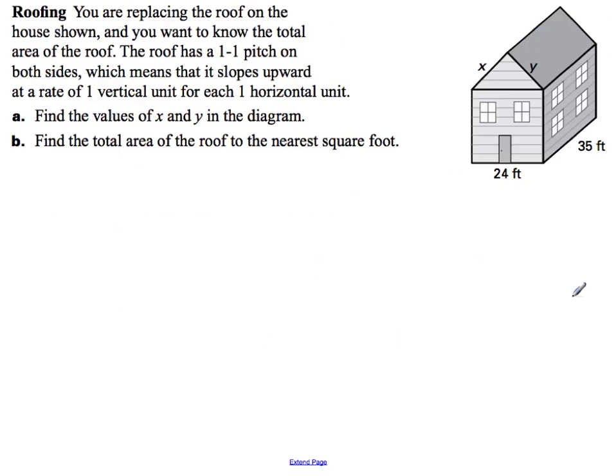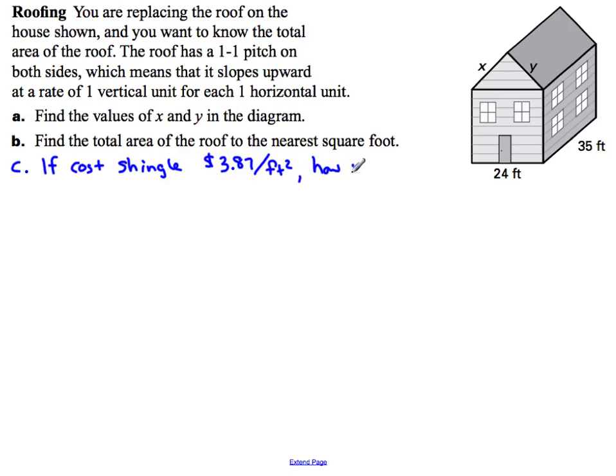We have a roofing problem, kind of an interesting deal. I want to add a little extra piece to this. I'm going to say part C. Suppose the specific type of shingle, or whatever you want to put on your roof, is going to cost $3.87 per square foot.